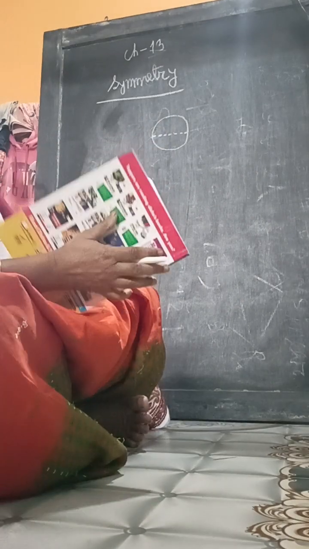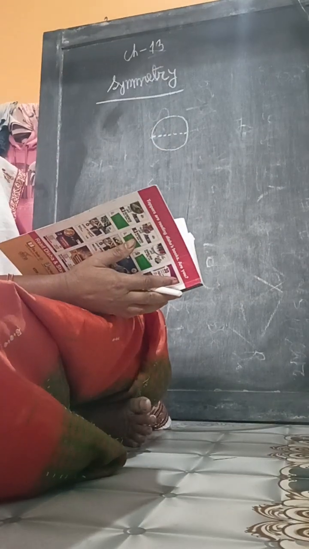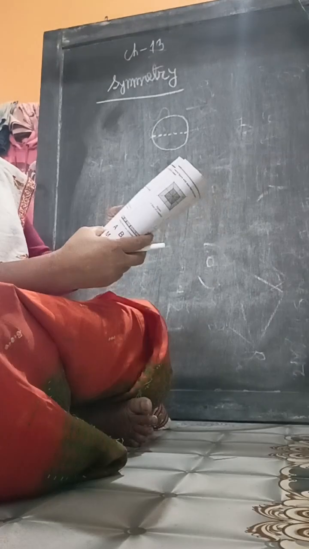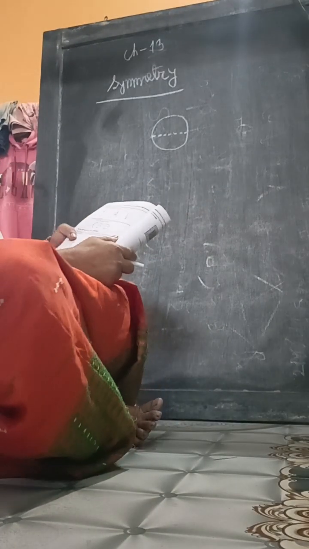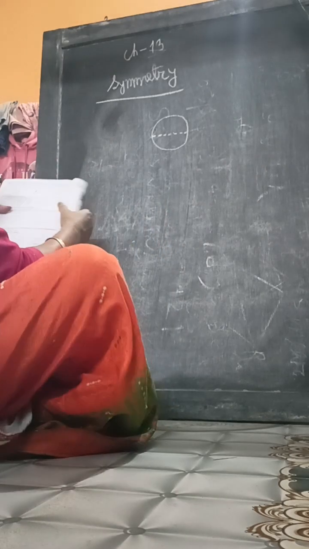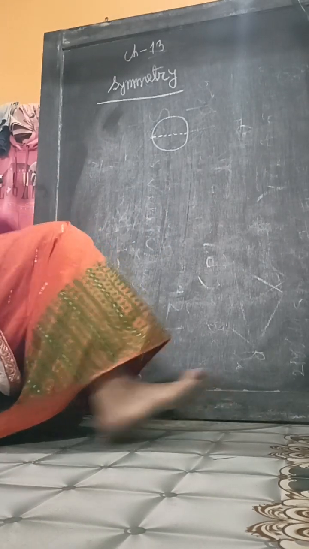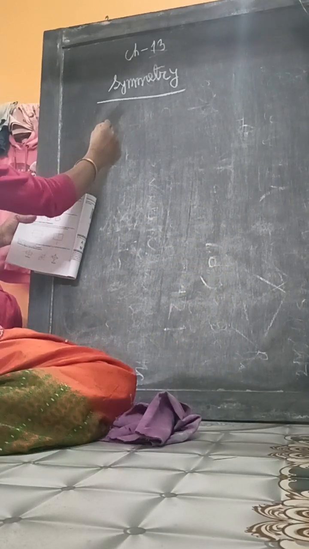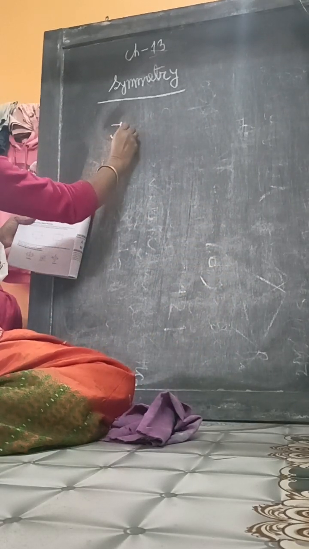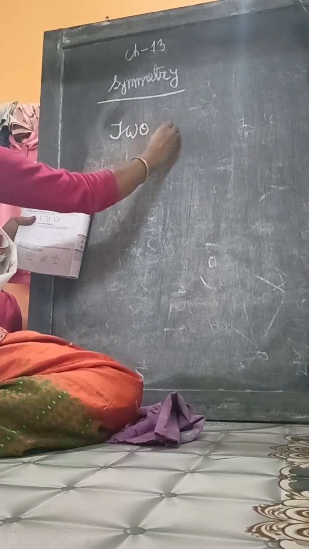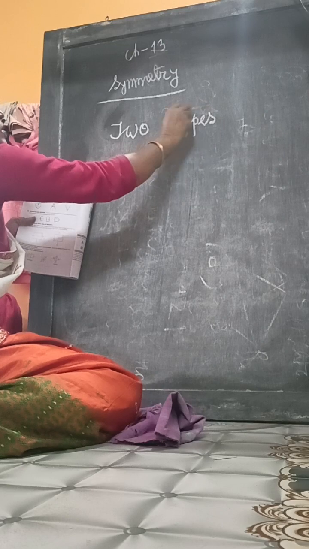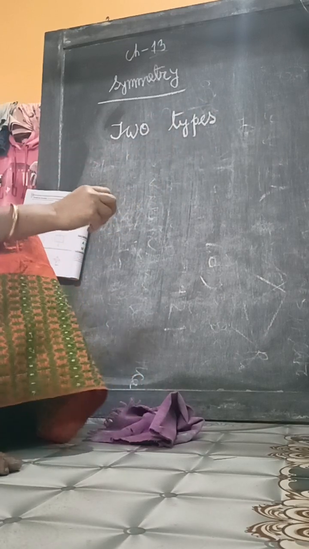About which line is one part identical with the other? That line is called the line of symmetry. One is vertical symmetry. Two types. Please write down the types.